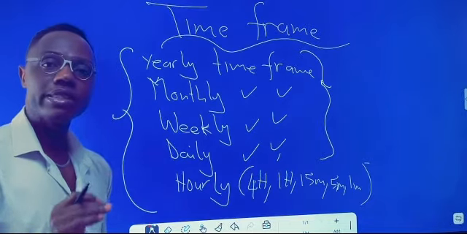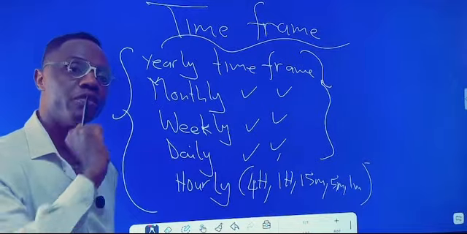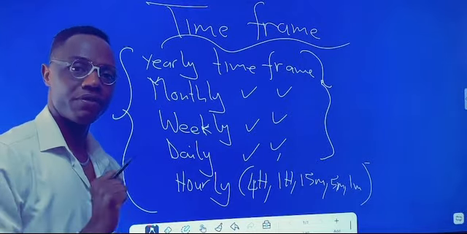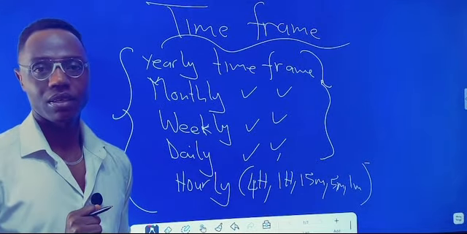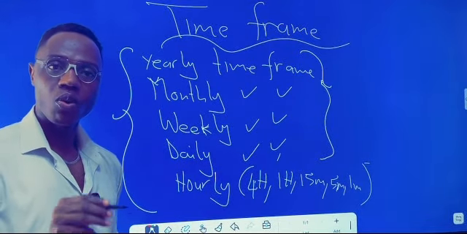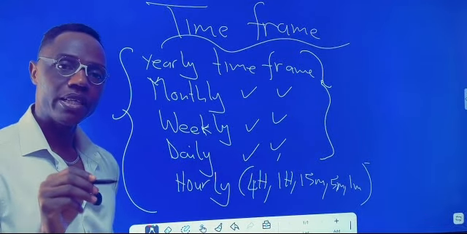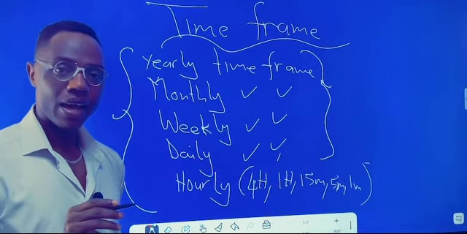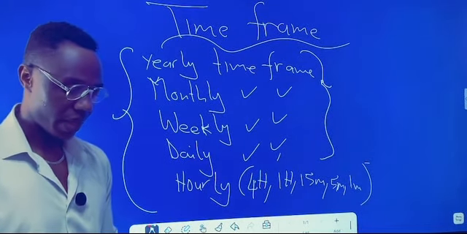So if you want to see the overall trend of where the market is moving, you put your time frame on the higher time frame. And if you want to make analysis to make an entry, you put your time frame on the lower time frames.